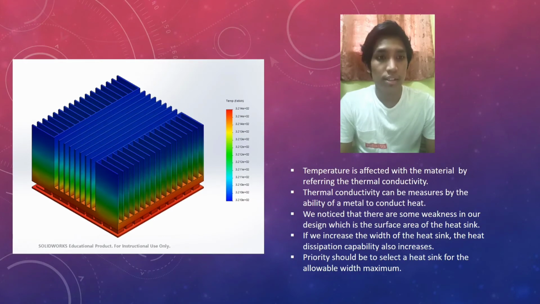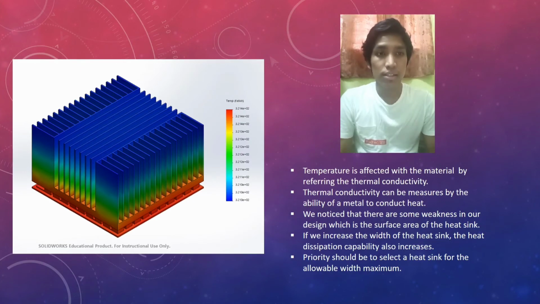I would like to present our discussion. As you can see, this is our heatsink after the simulation. After the simulation, you can see that temperature is affected by the material, by referring to the thermal conductivity. Thermal conductivity can be measured by the ability of the metal to conduct heat.